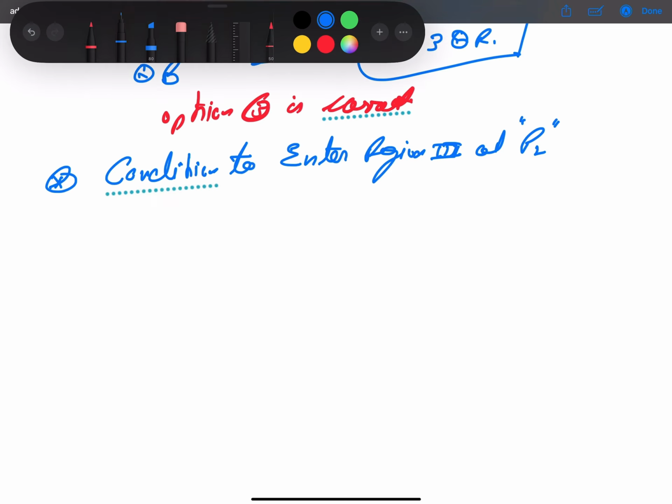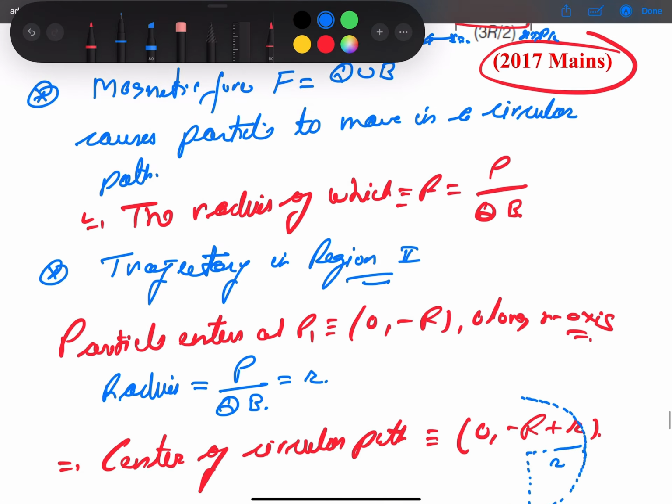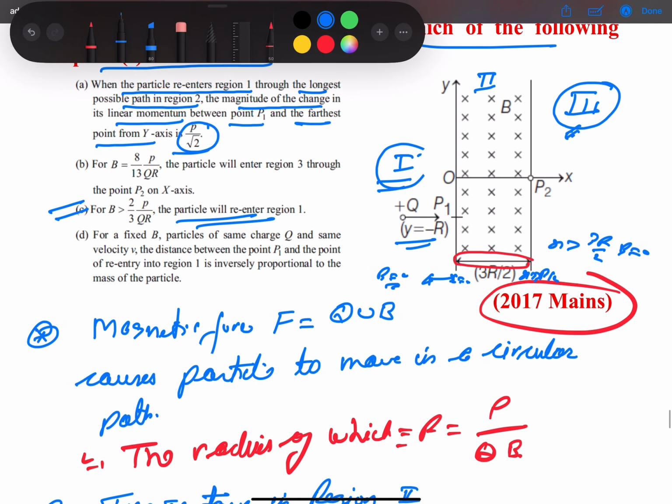So it means the particle should be exiting region 2 into region 3. And here the particle, or P2, is exactly on the x-axis.